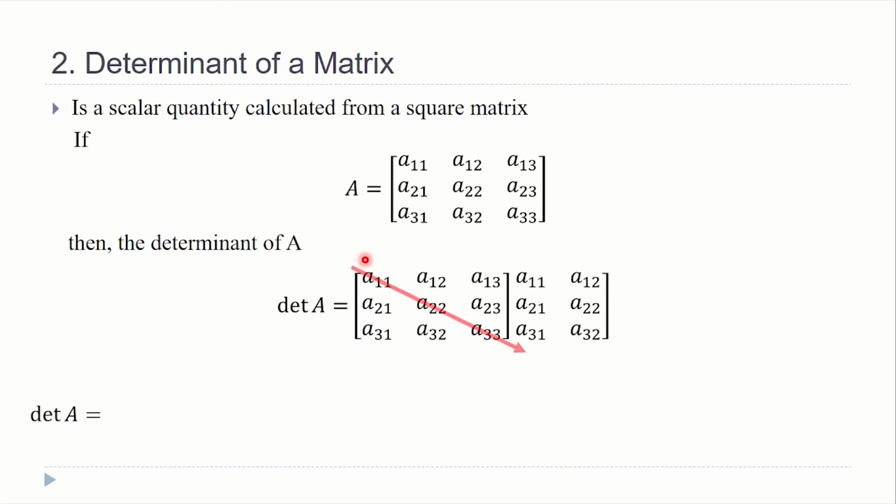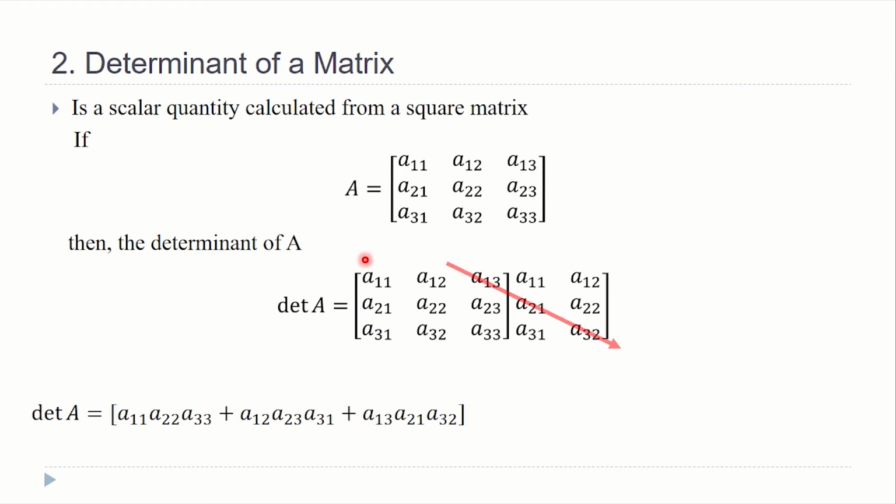So we have the diagonal A11 times A22 times A33, plus the diagonal A12 times A23 times A31, plus the diagonal A13 times A21 times A32.